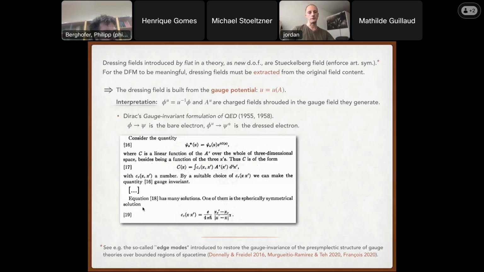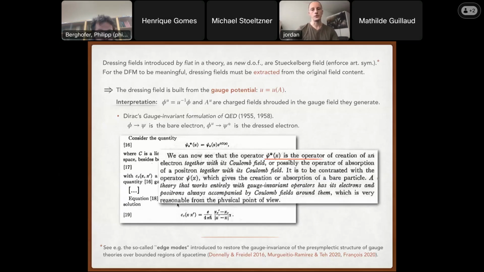even though he has been using, given additional assumptions, he has been finding one nice solution for the phase factor in the integral, which is simply the Coulombic field generated by the point particle. And so he goes on to explain that this is quite nice, because in a sense this dressed object, the psi star, is the operator of creation of an electron together with this Coulomb field, right? Which is kind of nice.